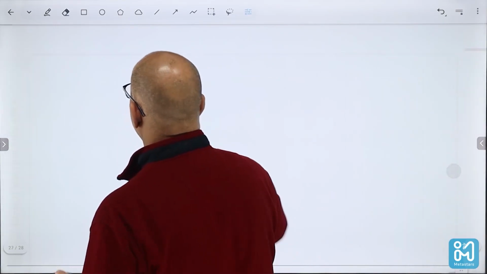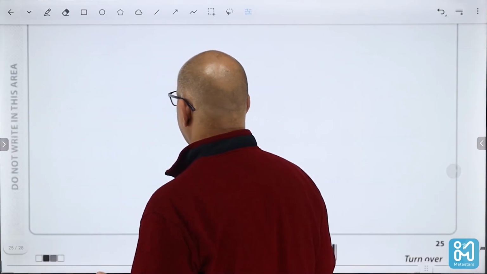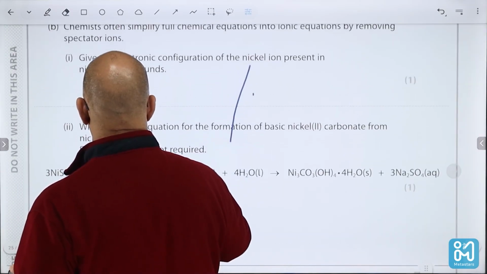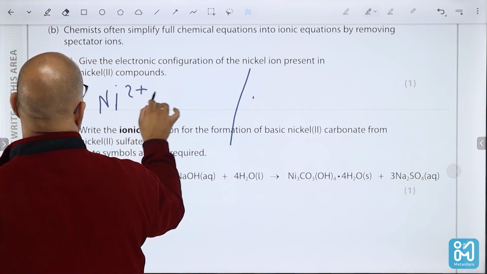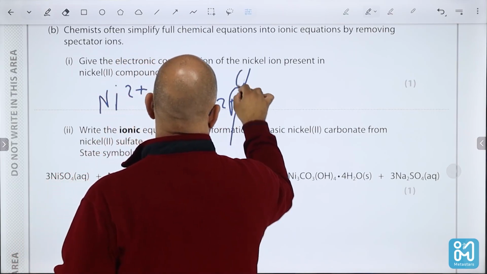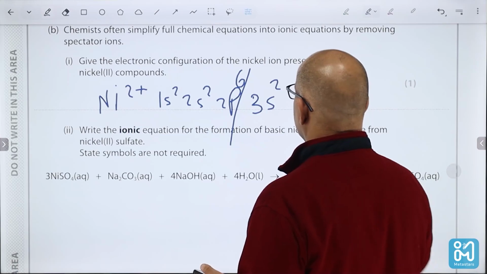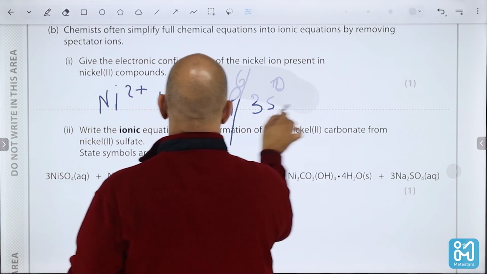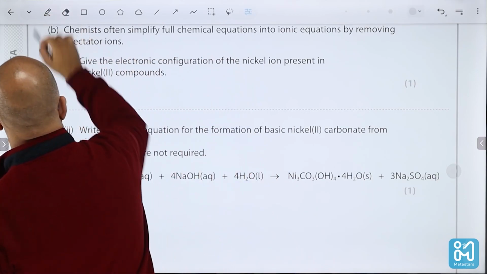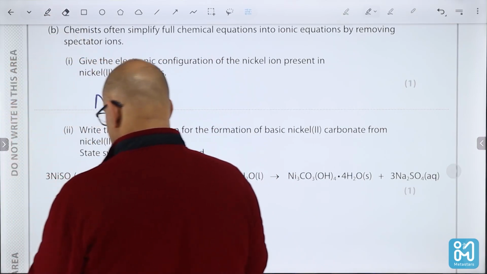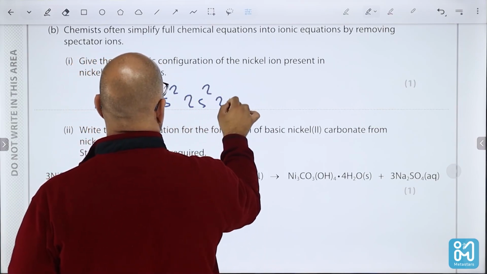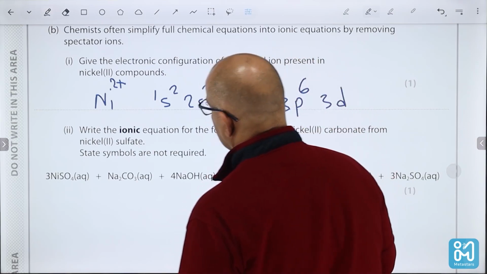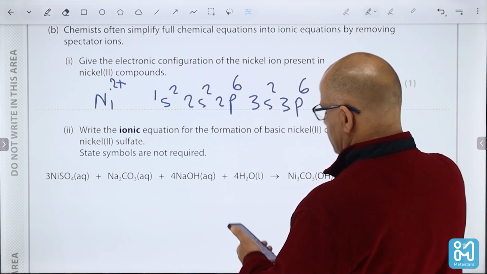So you take 28 minus 2 electrons. Ni positive 2 is 1s2, 2s2, 2p6, 3s2, 3p6, and then 3d8, because 4s2 was lost.